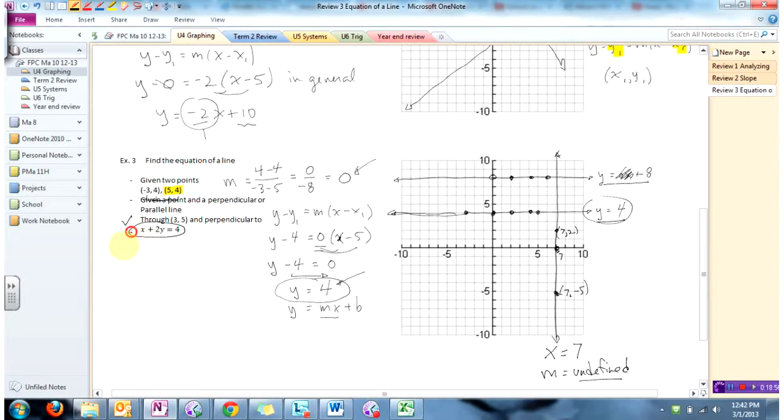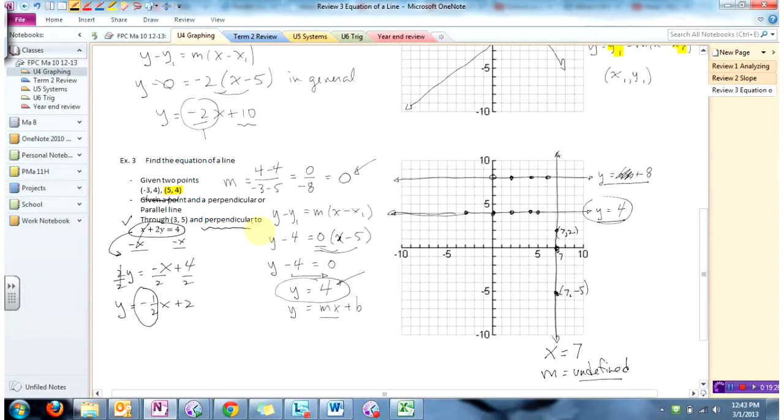So if we could find the slope of this line by solving for y, here we have the slope of -1/2. Now this line is not the line we're looking for. This line, we're told, is perpendicular to ours.